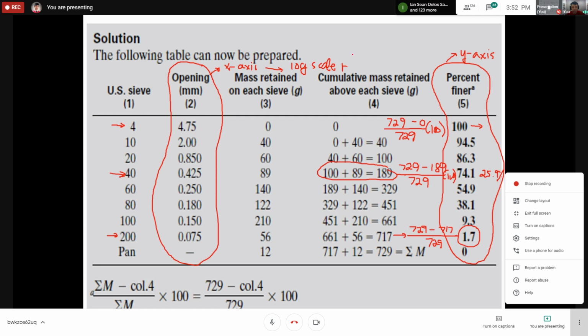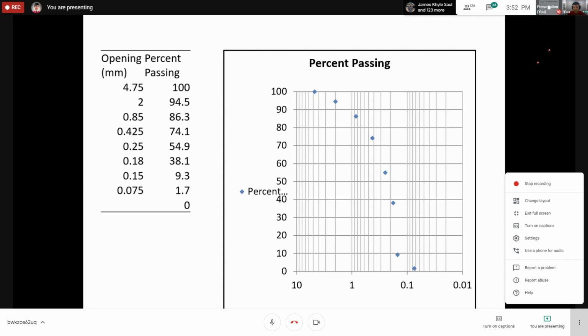Log scale nga reversed, meaning ana naguna ang dako nga figure sa left side padung sa gamay nga opening on the right side. So y-axis is the arithmetic scale. Arithmetic scale. So again, opening size, di ba? Opening size and then the percent passing.